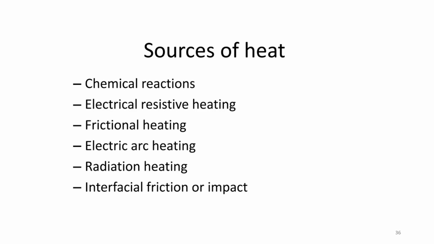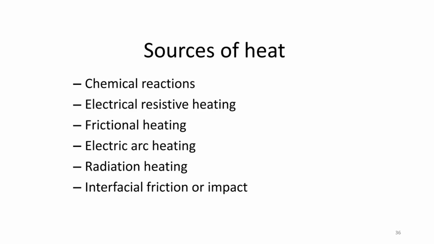In the case of fusion welding, you can use these various processes. Firstly, chemical reactions, so it can be combustion of some gases. It can be thermite welding as well, in which some oxide will react with a metal which is more reactive compared to the oxide.